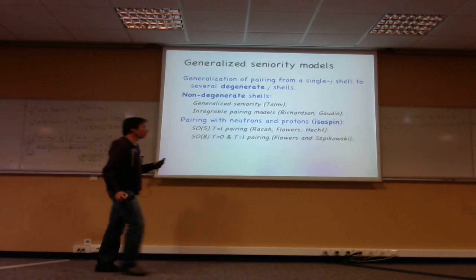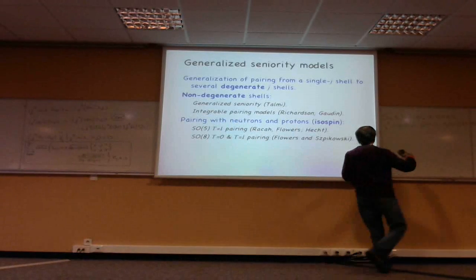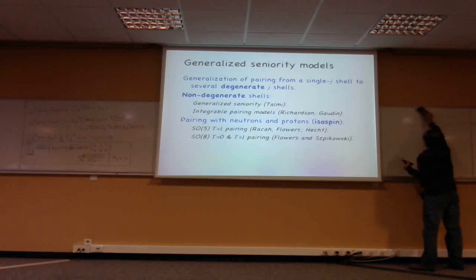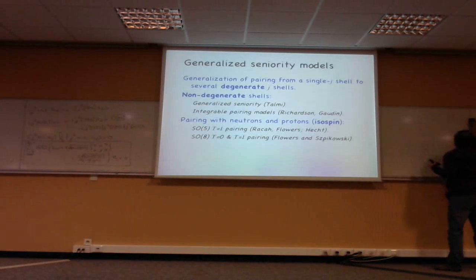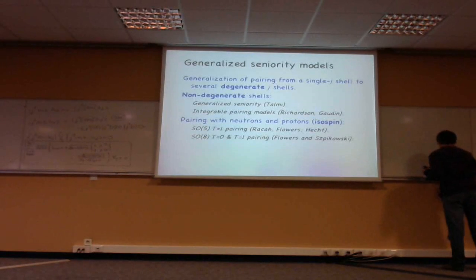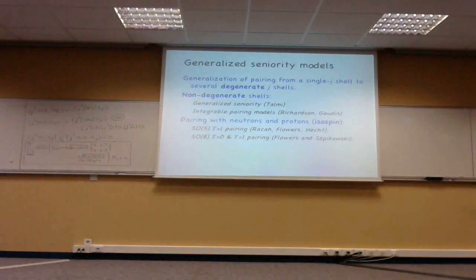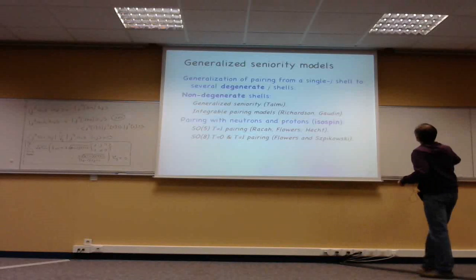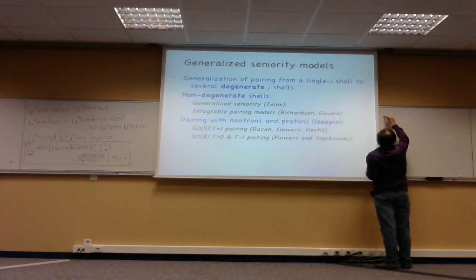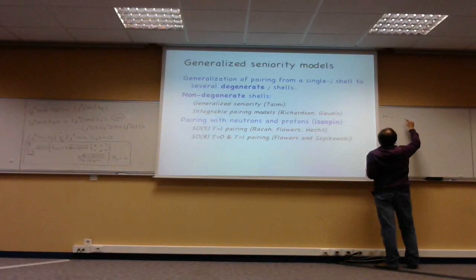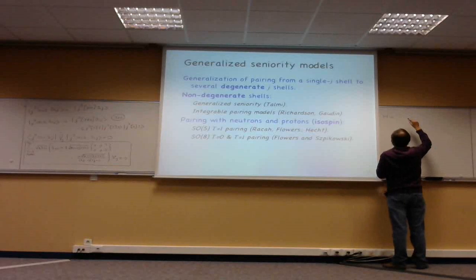So now the Hamiltonian we want to solve is a little bit more involved. So we want to consider several orbits.